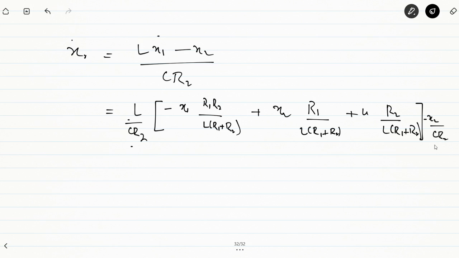So what we'll be getting here is now minus X1, L CR2 multiply करके R2 cancel. You'll be getting L R1 by C, L R1 by L, और L भी cancel out हो जाएगा actually.